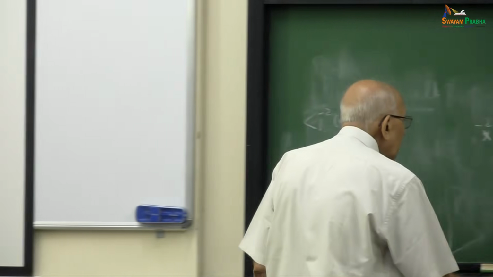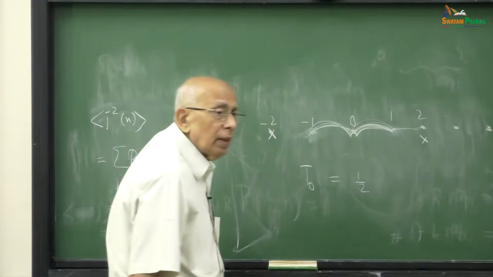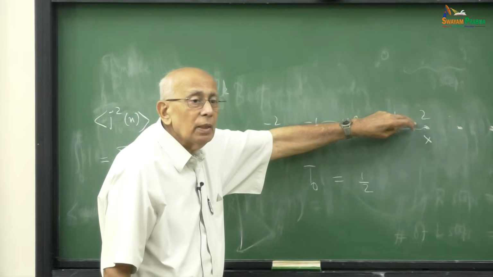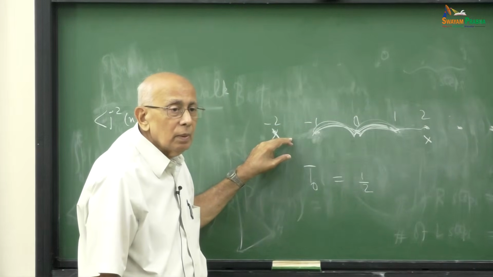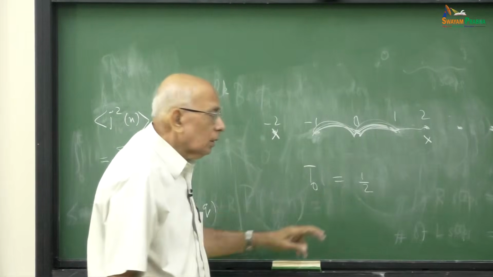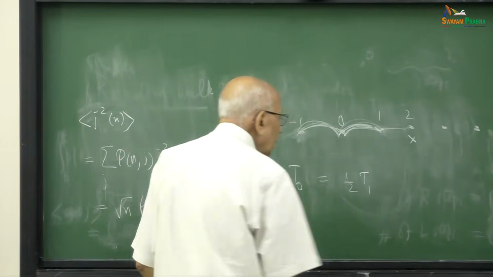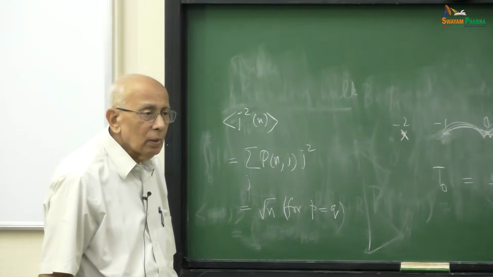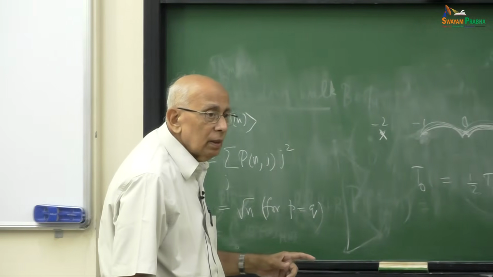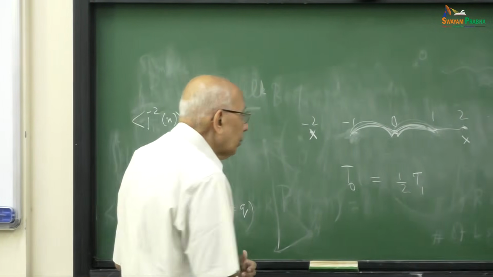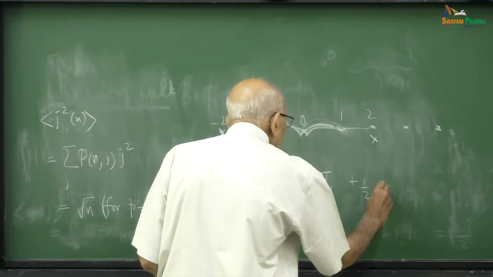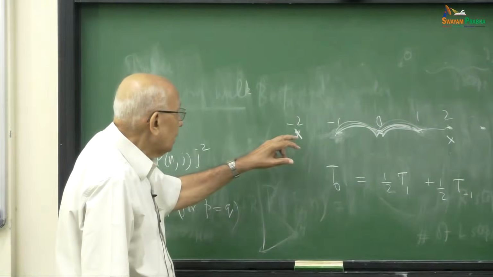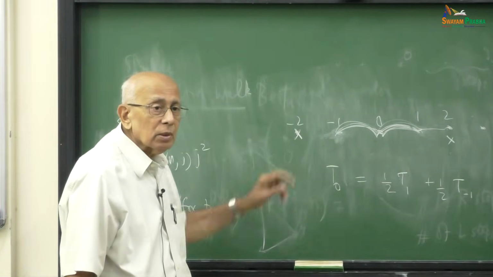So it's half multiplied by, once I am at 1, the mean time to go from 1 to either 2 or minus 2, because it's independent of this half. So it's multiplied by t1. But there's another possibility. I could have moved to the left in the beginning, and the probability for that is half times t minus 1, the time of reaching this or that starting at minus 1.